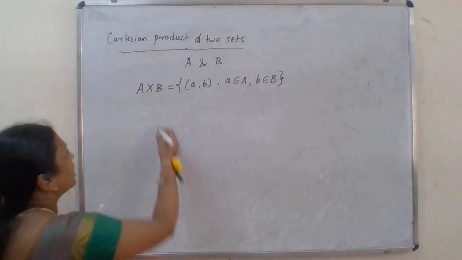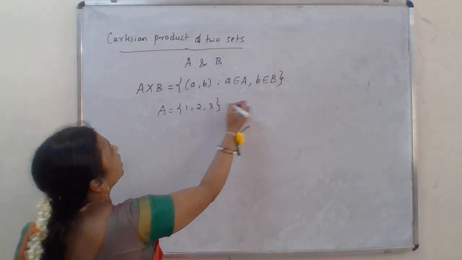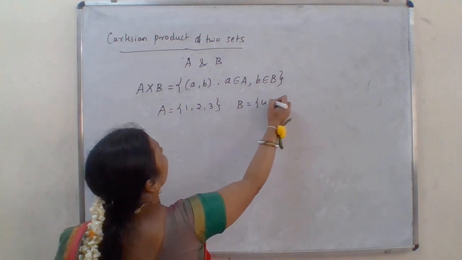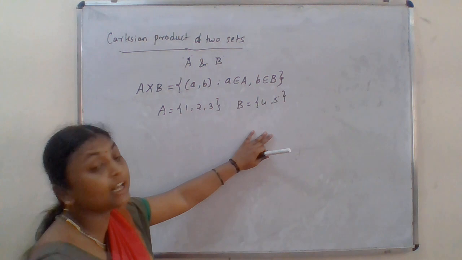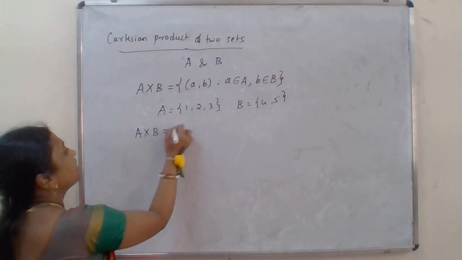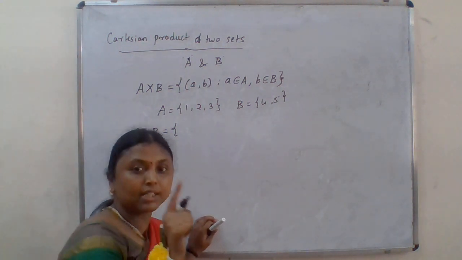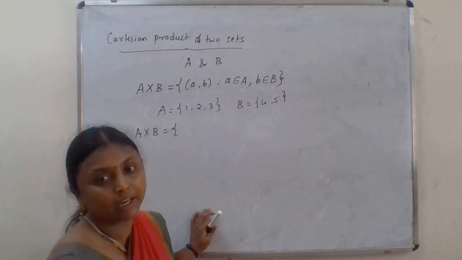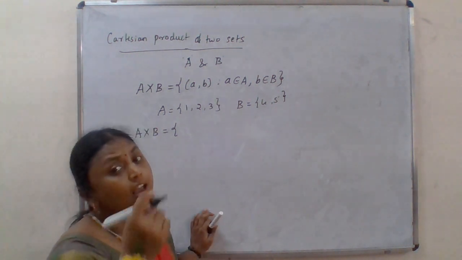For example, A is equal to {1, 2, 3}, B is equal to {4, 5}. So A has three elements and B has two elements. So A cross B is the set of ordered pairs (a, b), where a belongs to the set A and b belongs to the set B.